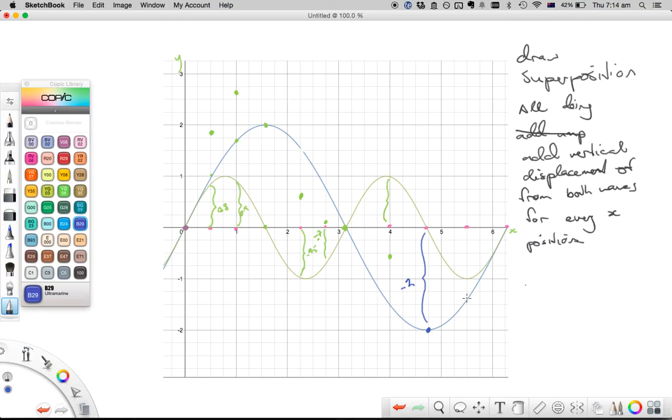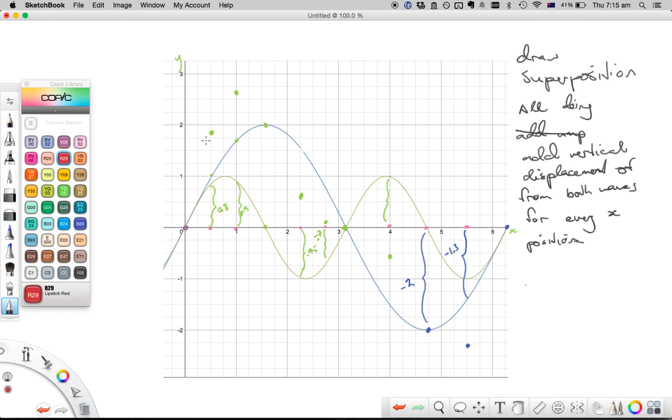Here, our blue displacement is 1 unit plus another 0.3 or so, a displacement of about negative 1.3. So we're starting here and subtracting 1 and another 0.3. About there. And at this point, 0 plus 0 equals 0. And then we can join up those waveforms.